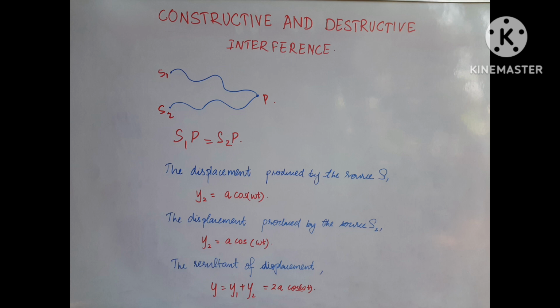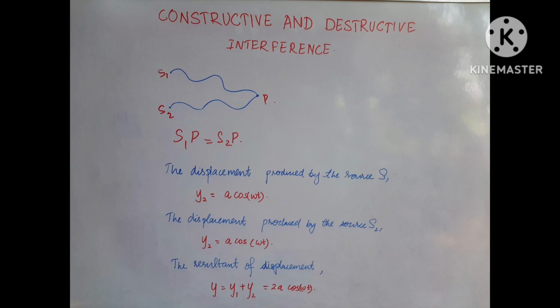which are at distances S1p and S2p from those sources. So we can say that S1p is equal to S2p. So the distance traveled by each wave to the point P is the same. When we write the displacement equation, the displacement produced by the source S1 is y1 is equal to a cos omega t.